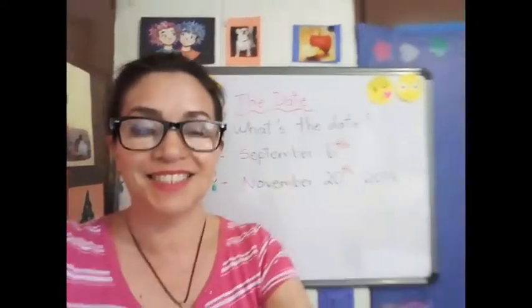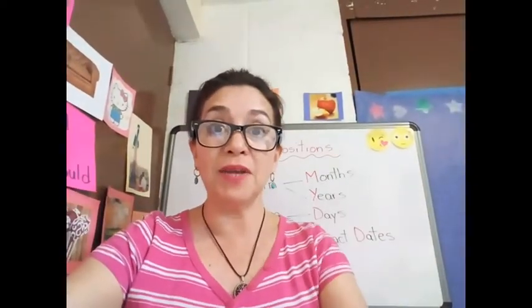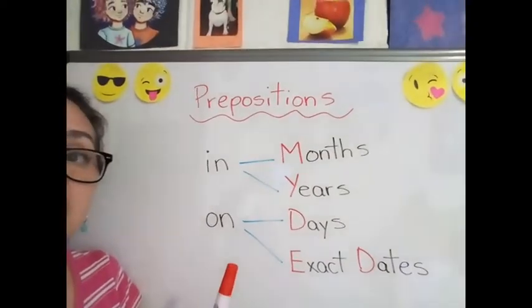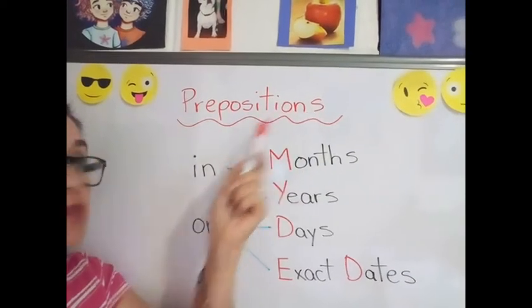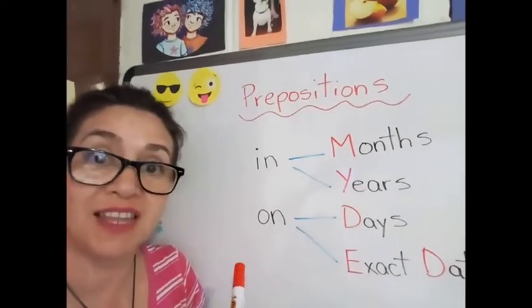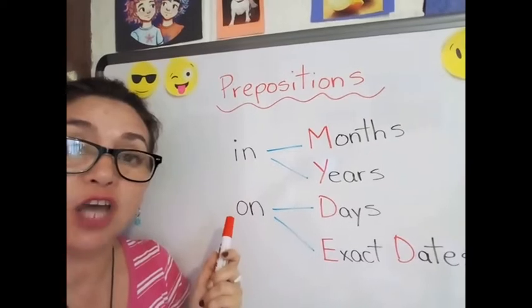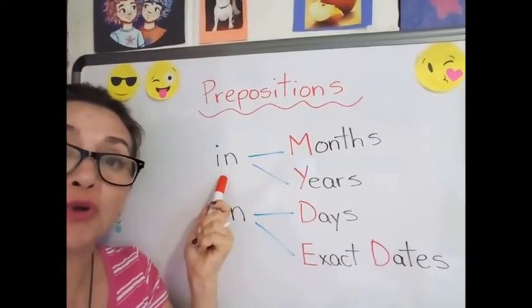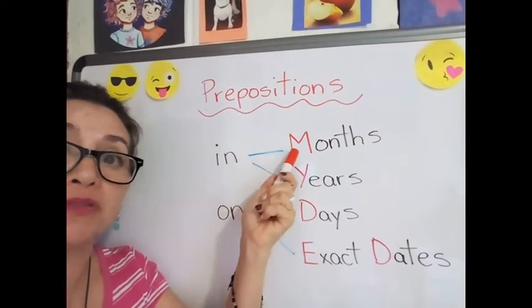Okay? Let's continue, kids. And now let's see a little bit of grammar when using these prepositions to tell the date. The prepositions we use when we say the date are in and on. When to use in? When we're talking about months.